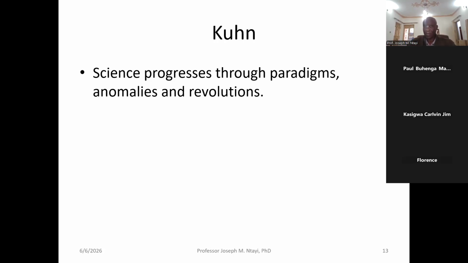Now, Kuhn dismisses this, that knowledge does not actually grow through what we call simple accumulation of facts about a particular discipline. So that's why for him, he proposed that science develops through paradigms, through anomalies, through crisis, through scientific revolutions, right?